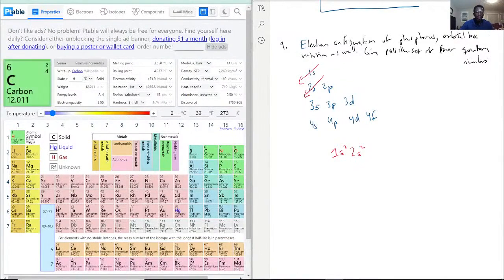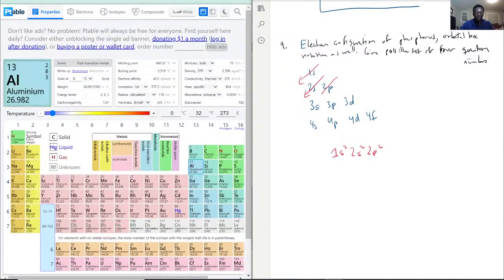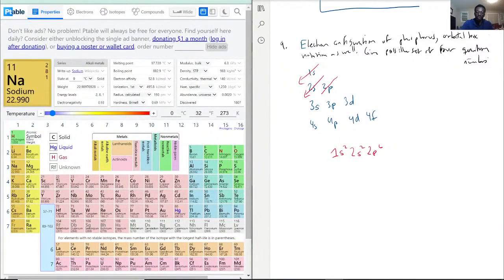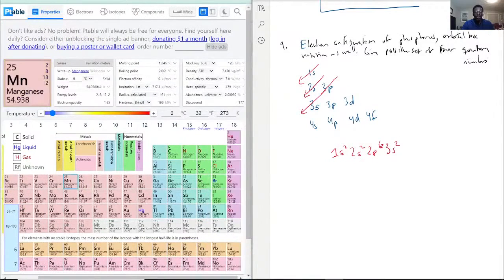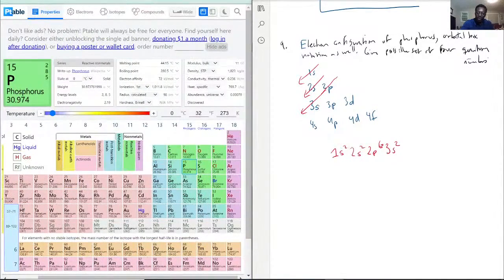And then it's past neon, which is now the 2p6, and it blows right through sodium and magnesium, which means it fills the 3s2 as well. And then it also goes past aluminum and silicon, and then there's phosphorus, so it's right here. So that'd be 3p3. That is what phosphorus ends up as.